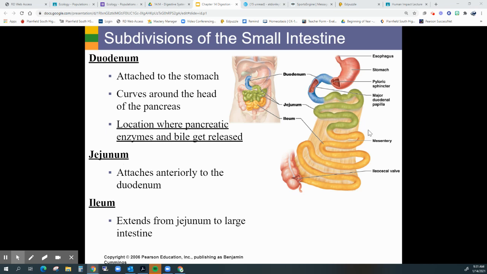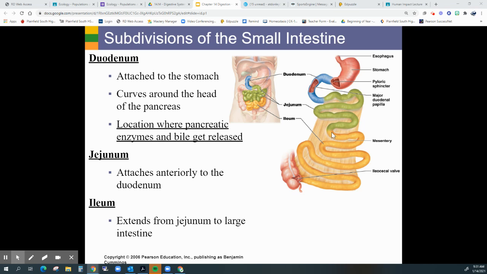Jejunum then is next. So this is attached directly anterior to the duodenum. All right, so the duodenum actually curves itself under the large intestine. You can see it in this diagram here. And then the jejunum sits in front of the large intestine, or just directly below it. All right, the last section then is the ileum. So that's the jejunum to the large intestine.